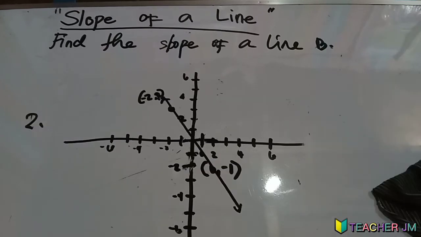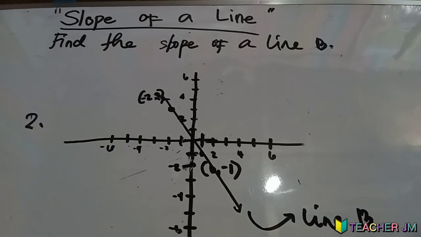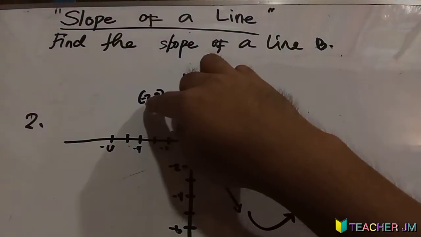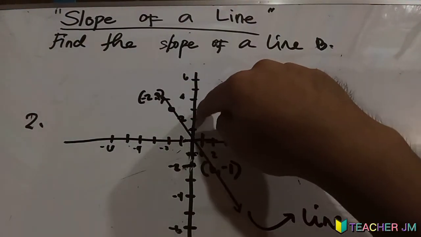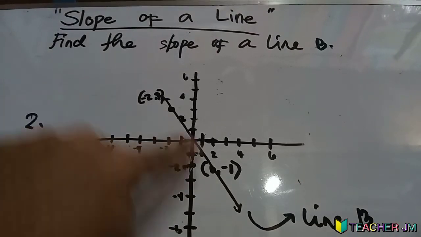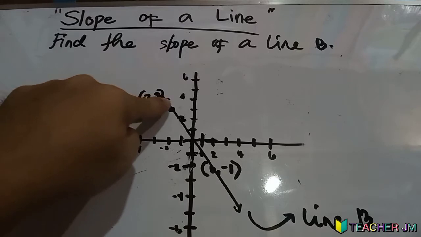Number 2. Find the slope of a line B. Meron tayong 0 and negative 1. And meron din tayong negative 2 and positive 3. So since nasa taas po ang ating point of a line, so ibig sabihin opposite direction po tayo. Papunta tayo sa baba.